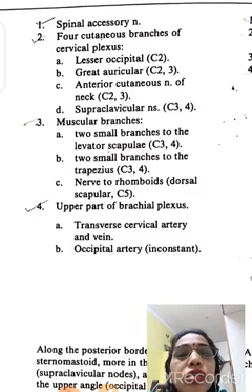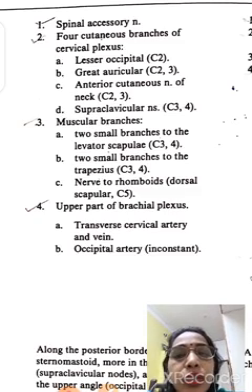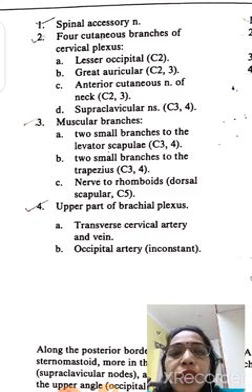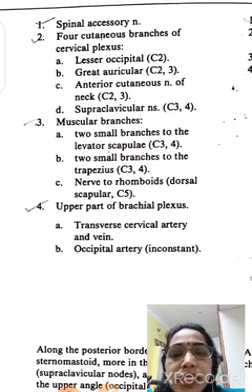Then muscular branches, 3 muscular branches: 2 small branches to the levator scapulae, 2 small branches to the trapezius, and one to the rhomboids.